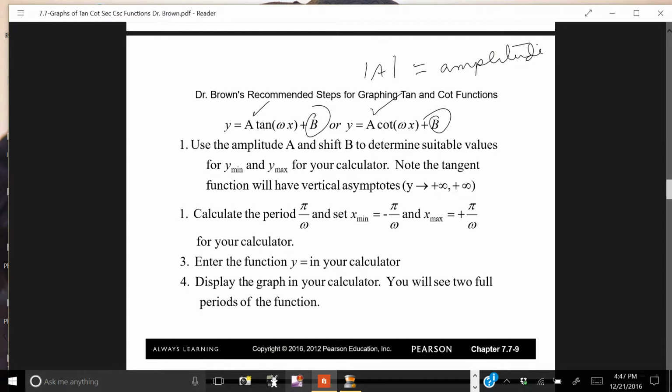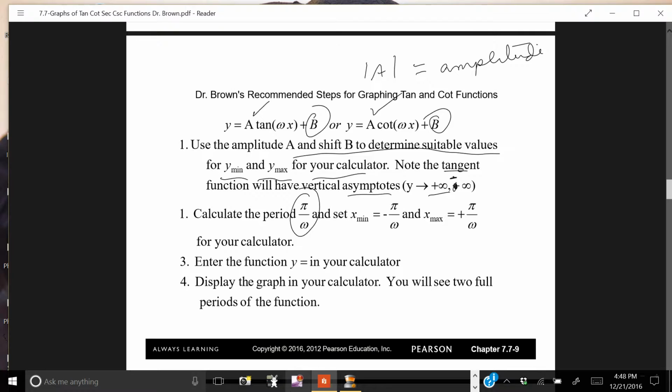So we would use the amplitude to determine suitable values for y min and y max on your calculator. Notice that the tangent function will have vertical asymptotes approaching plus infinity, and this should be minus infinity. What you should do is calculate the period of the tangent or cotangent function, and that's to take pi divided by omega.